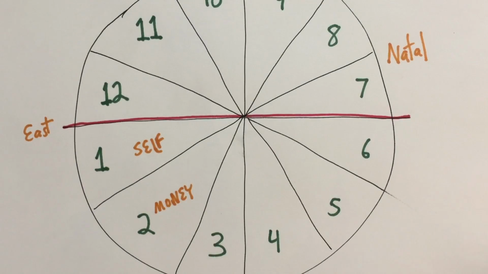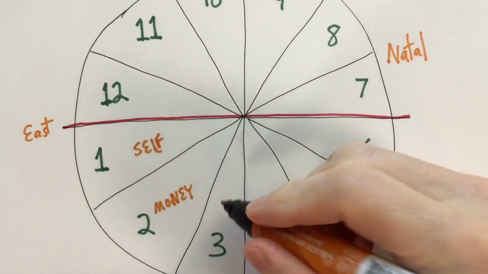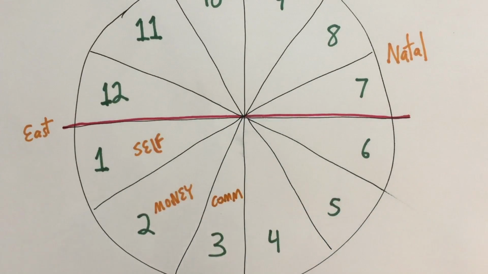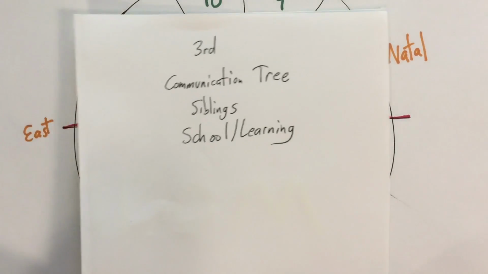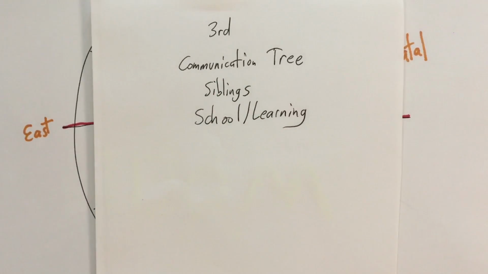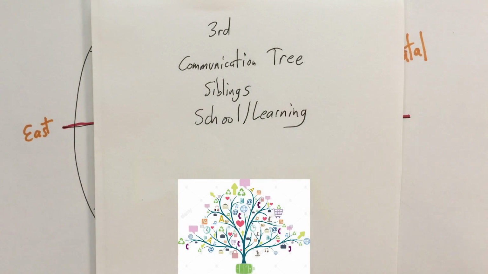So the next house is going to be the 3rd house, and that's all about communication. Let's write in communication here. And it's easy to remember because 3 rhymes with tree, and for the 3rd house we have the communication tree on the screen.